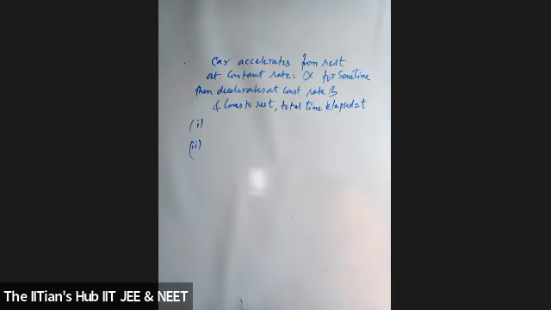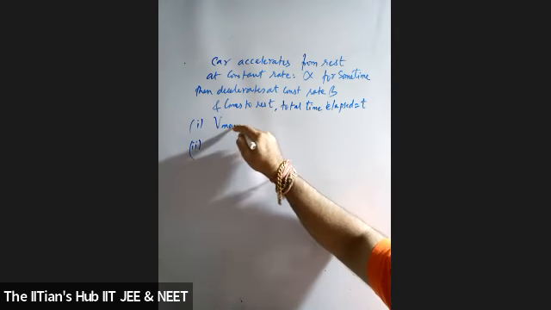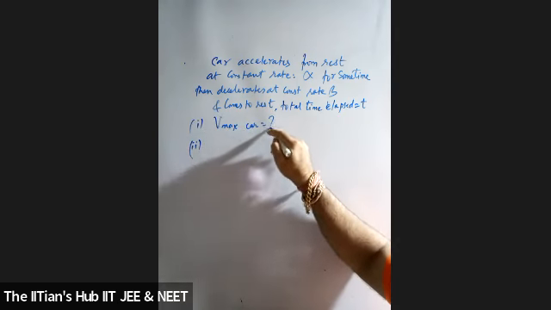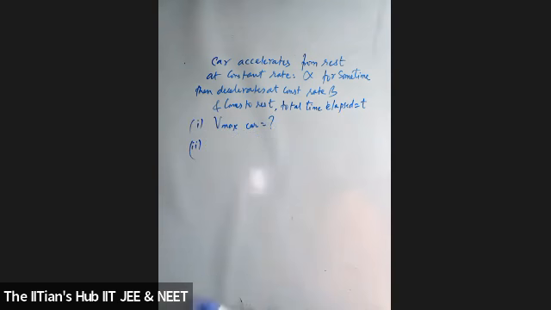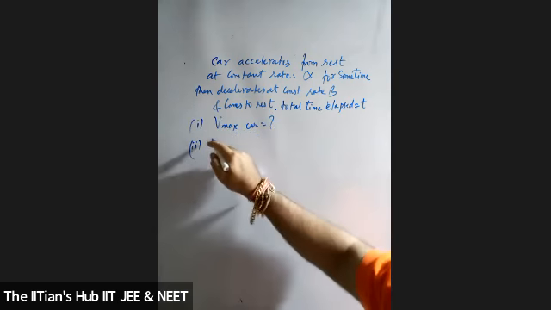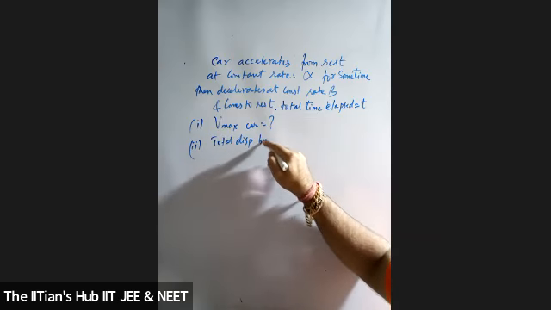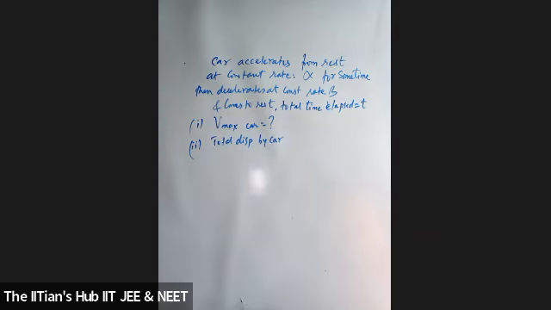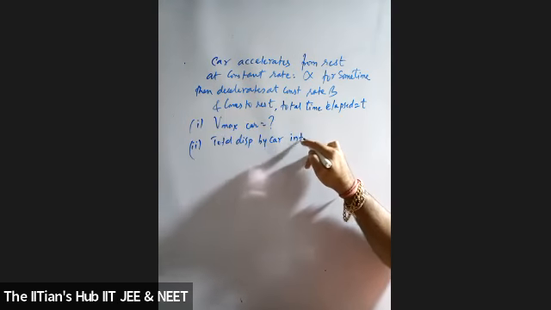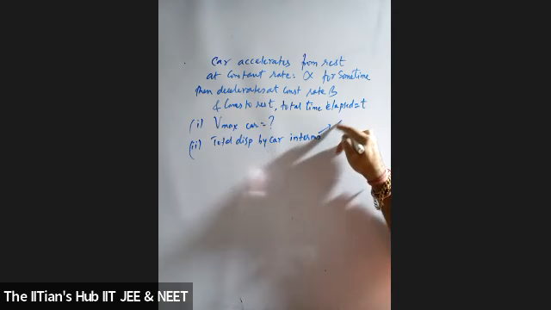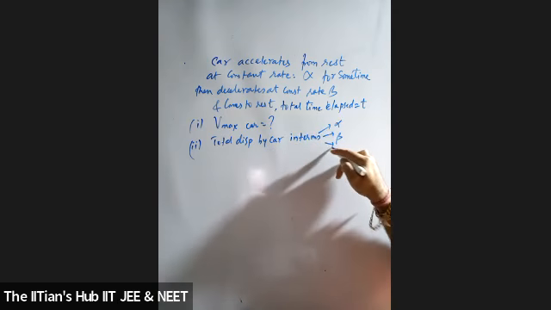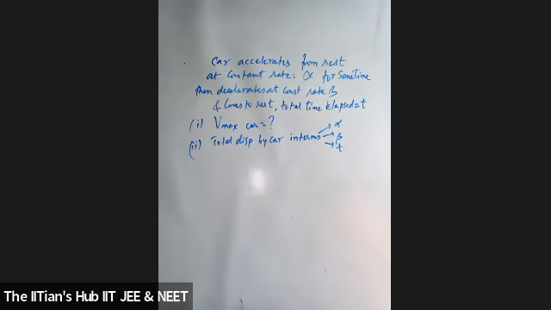find maximum velocity attained by the car. And second, total displacement traveled by the car. I want the total displacement in terms of alpha, beta और t में आंसर चाहिए.